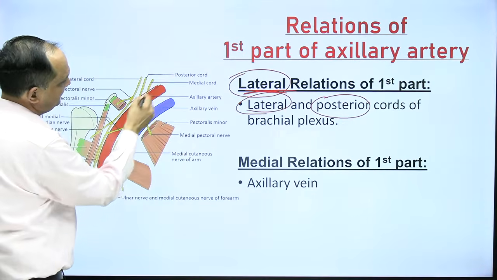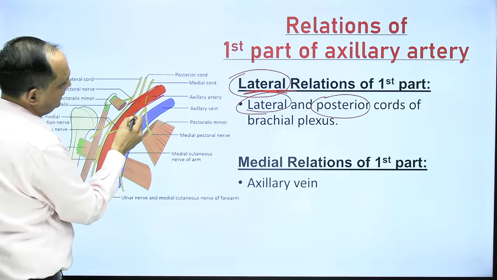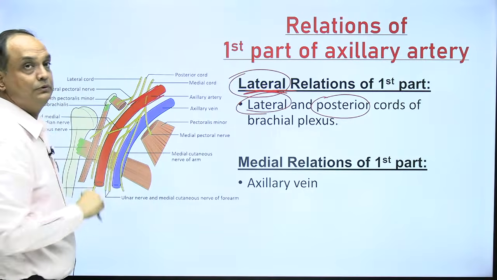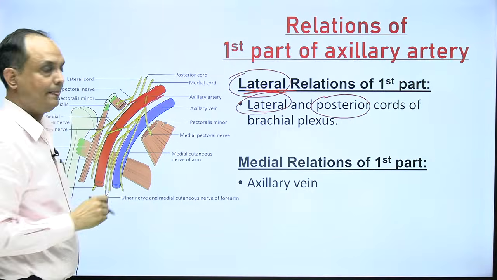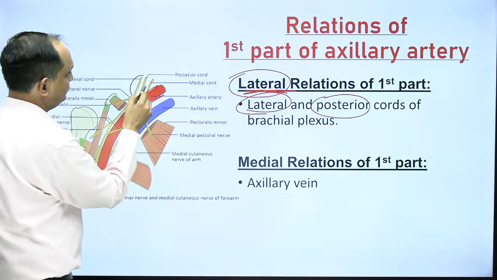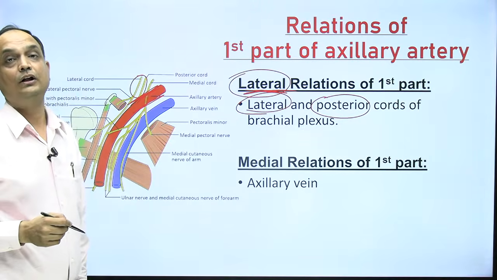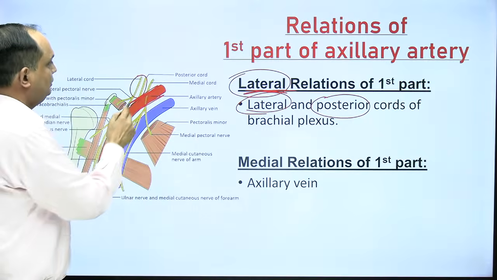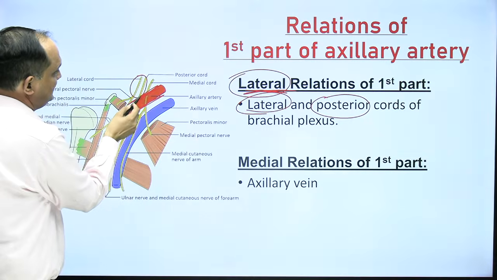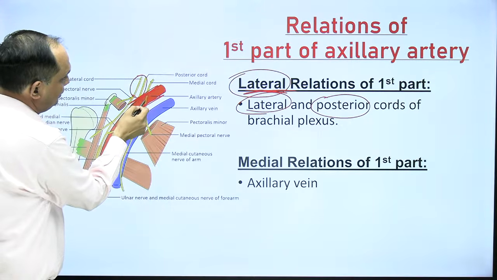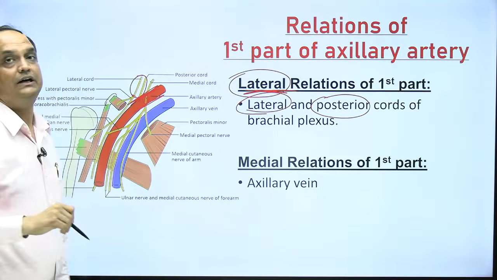This is the first part, and in it this dotted line is showing the medial cord. But these two cords, which still remain above the first part, are the lateral cord and the posterior cord. So the lateral and posterior cords remain lateral, and the medial cord shifted to the posterior side of the artery.